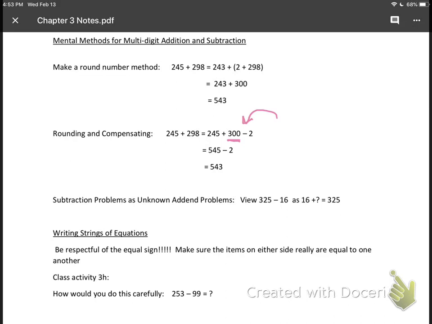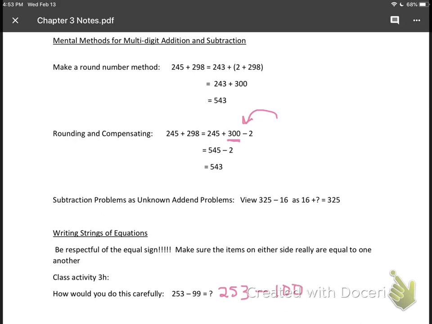Class activity 3H. They ask you how you would do this kind of problem carefully. So what I think I would do is the following. On the other side of the equal sign, I would say 253 minus the 100. Now, I don't really have 100 to subtract.